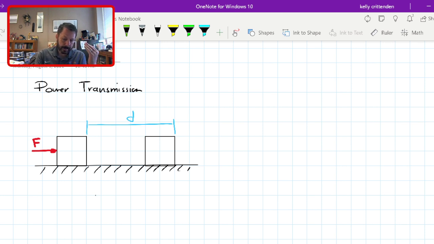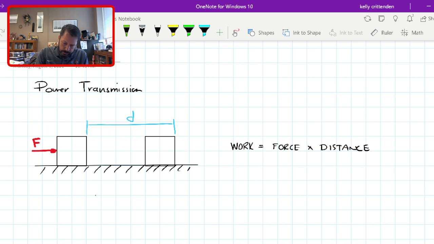We have an equation for this from a long time ago, back in physics somewhere: work equals how hard I had to push, force, times how far I pushed, distance. So that's F times d here in this picture.